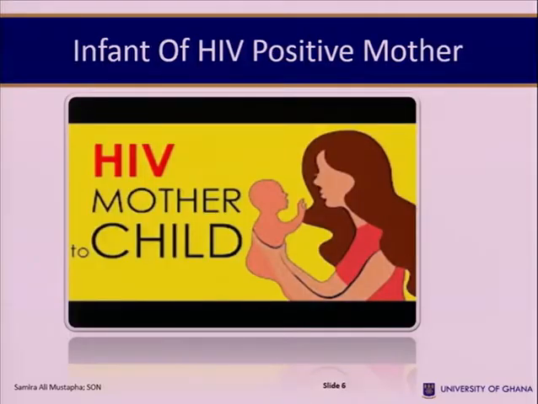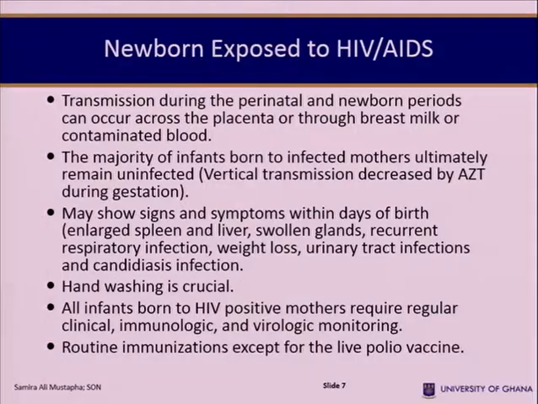The HIV mother's baby. We have to note that the newborn can be infected in utero or during delivery. Transmission can occur prenatally through the placental barrier, perinatally during delivery, and postnatally through breastfeeding when there are cracks on the mother's breast or the baby suffers some infections that bring about certain ulcers in the mother.